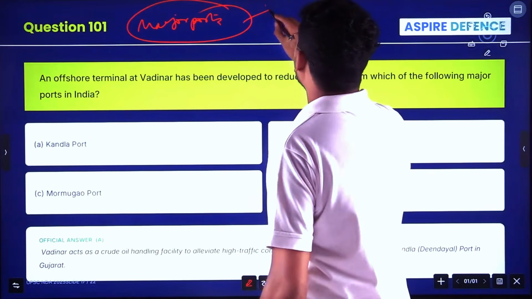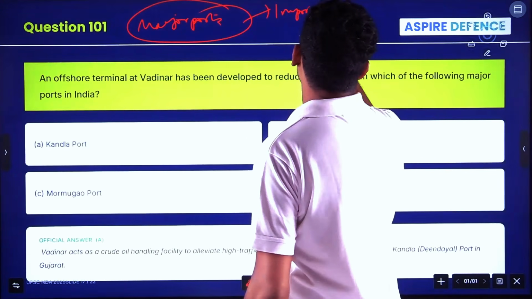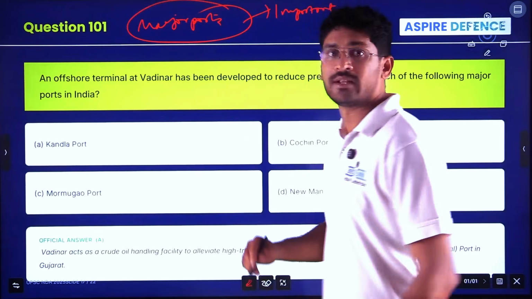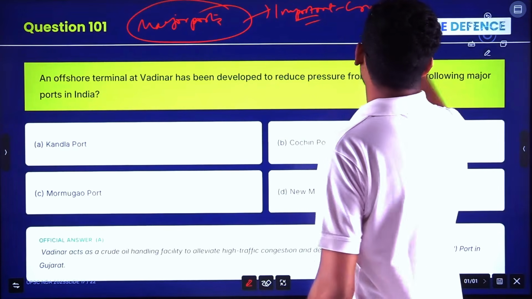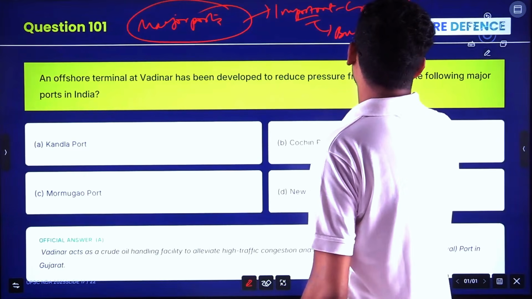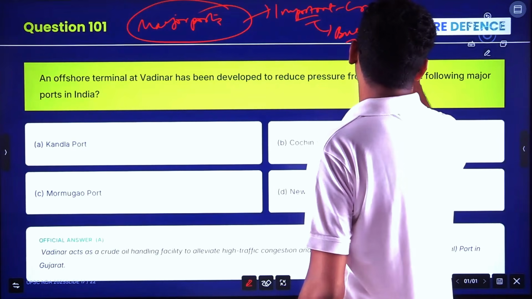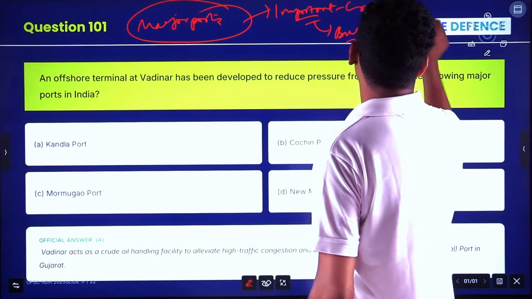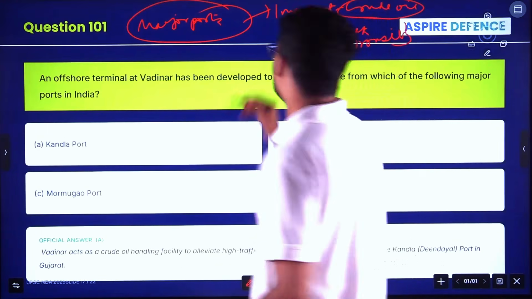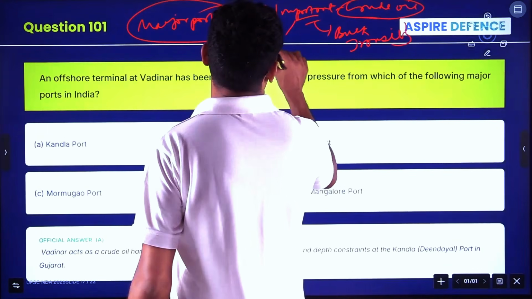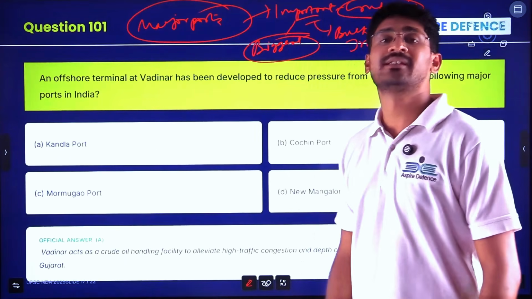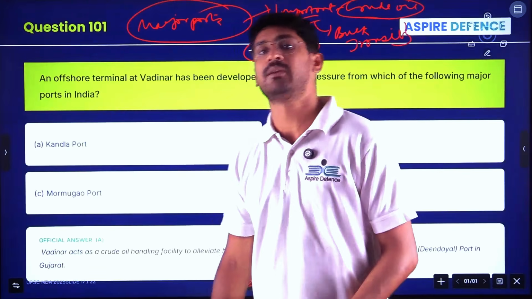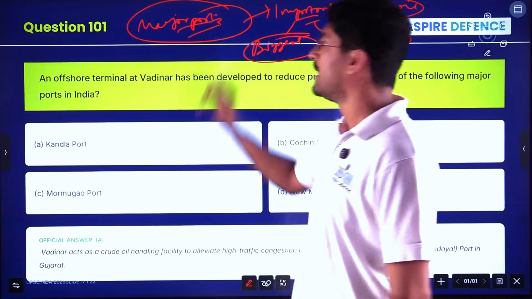Which are the important ports linked with the majority of the crude oil, bulk, transit, container, all this you have to know. Which is the biggest port, the biggest natural port, the biggest man-made port, which is the private port, which is the first private port, you have to know with respect to major ports.